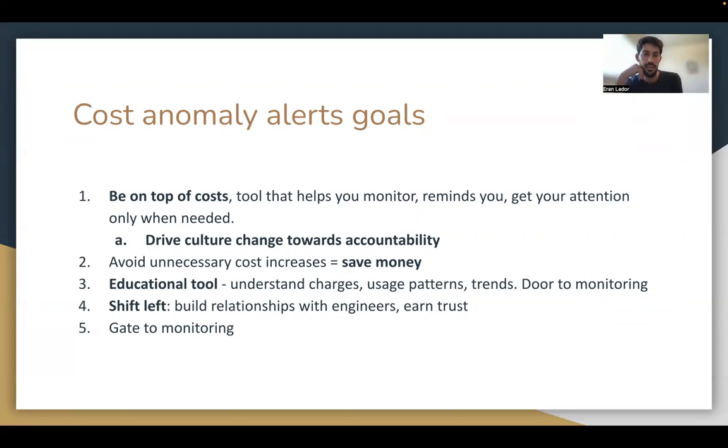This is part of FinOps, in my opinion. The main goal of FinOps is to drive culture change towards accountability. So we want everyone to be aware of and responsible for their cloud cost. We as a FinOps role or team cannot do it all by ourselves. FinOps at scale requires everyone in the organization to take action.